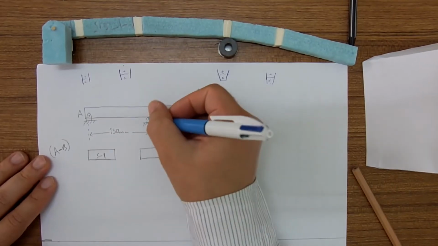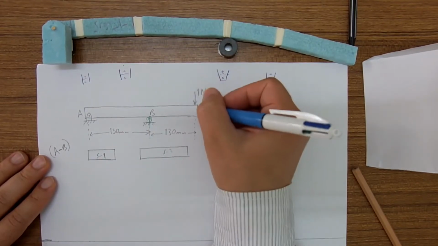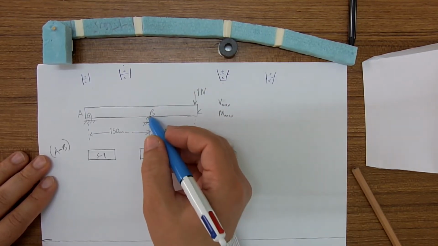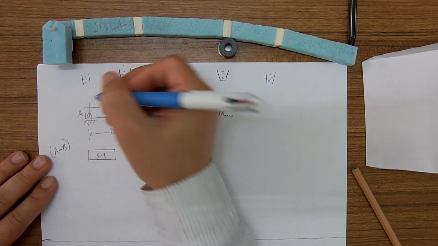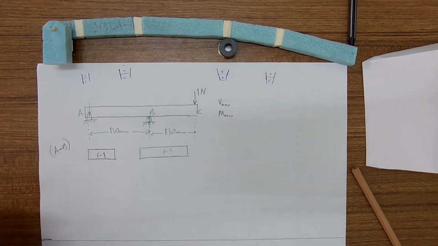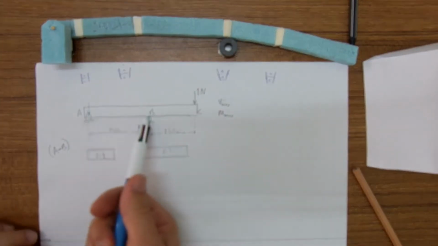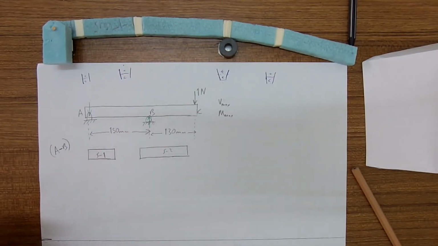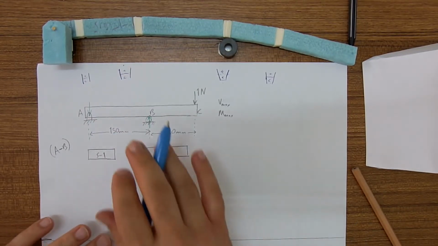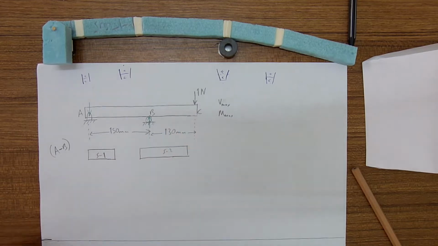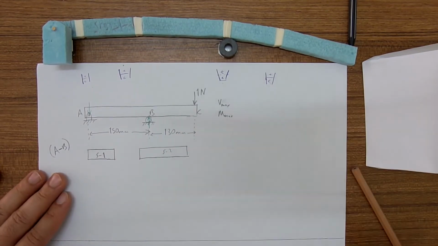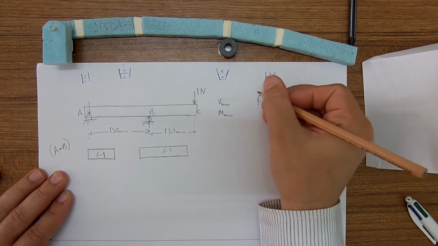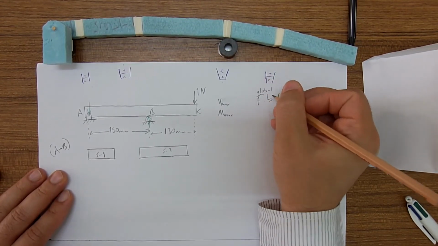And if this is upward, this should be downward. If this is downward, this should be upward. In order to find the reaction forces, I need to draw the free body diagram of the whole beam, say global free body diagram.